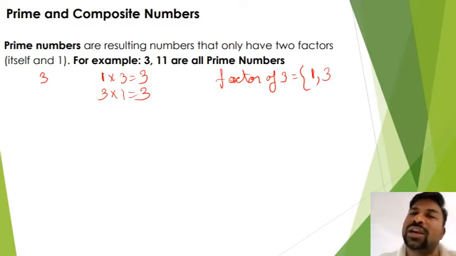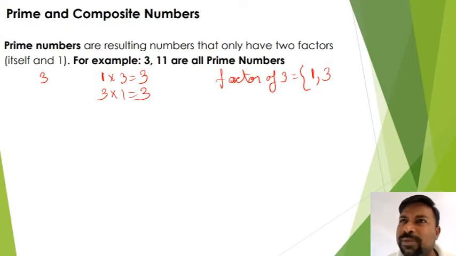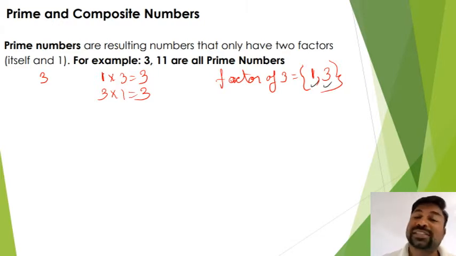Now let us check: do you find 3 in any other table? No, we won't find 3 in any other table. Therefore, how many factors does 3 have? Only 2. Let us keep it as a condition.